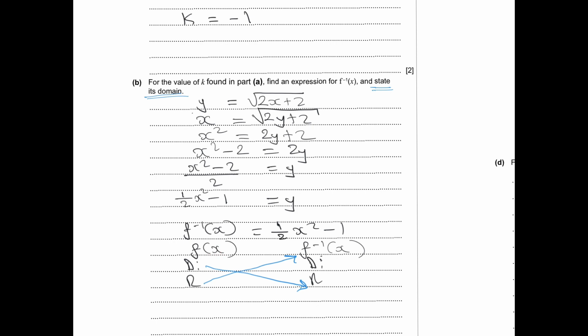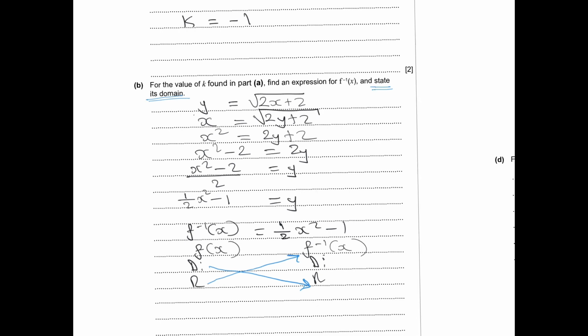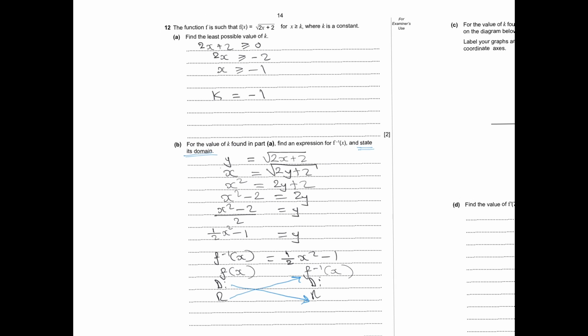So going back to the original function, f of x is equal to square root of 2x plus 2 for x is greater than or equal to -1. It's easier to get the range of a function by looking at the graph.